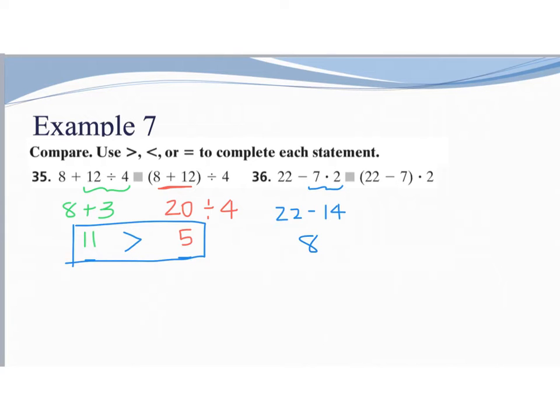Now when I look at the other side, I have a quantity in parentheses, so 22 minus 7 is going to give me 15, times 2, and 15 times 2 is 30. So when I compare 8 and 30, I can see that 8 is less than 30. I'll put my inequality symbol in there, and this right here would be my final answer.